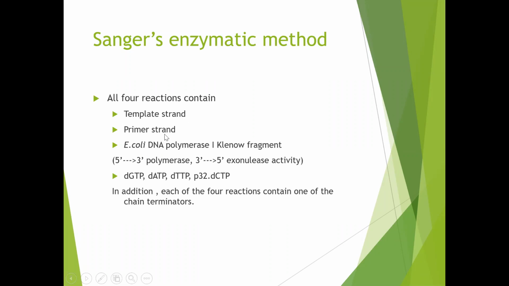You all know for DNA synthesis to begin, a primer is required, and it also contains E. coli DNA polymerase 1 Klenow fragment. For DNA synthesis to take place, it always requires the DNA polymerase enzyme. Here the enzyme we use is E. coli DNA polymerase 1 Klenow fragment.